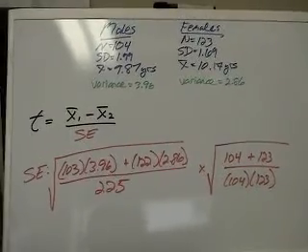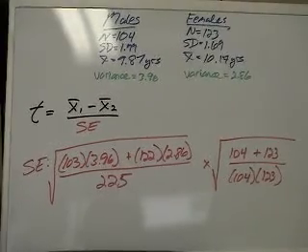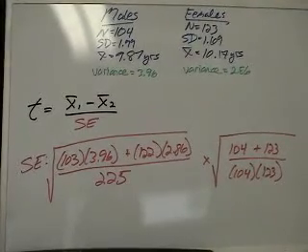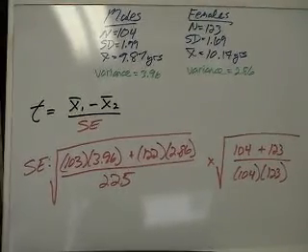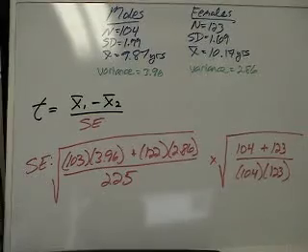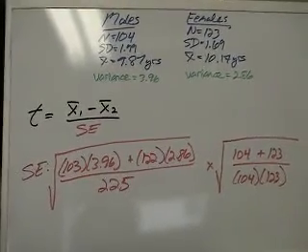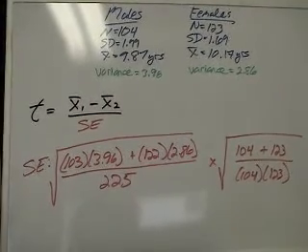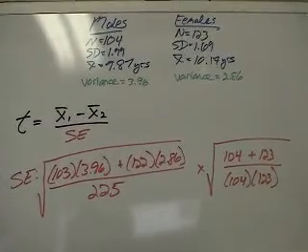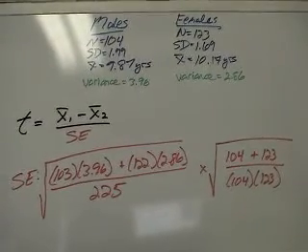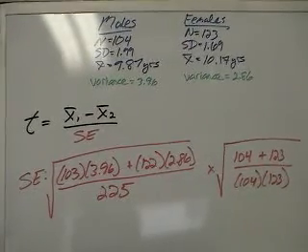Okay, so here you can see we've actually plugged in the numbers. You have N1 minus 1, which equals 103, times the variance for that sample of 3.96, plus your N2 minus 1, so that's 122, times your variance of 2.86, divided by your degrees of freedom, which is, again, your total sample size minus 2, and then you'll get the square root of that, and multiply it by the square root of N1 plus N2, 104 plus 123, divided by N1 times N2, 104 times 123.